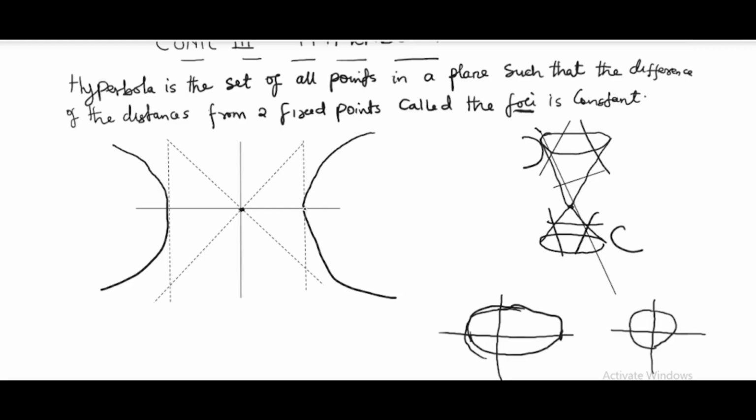Now, you should know that hyperbola is actually of two types. We have the horizontal hyperbola, and then we have the vertical hyperbola.